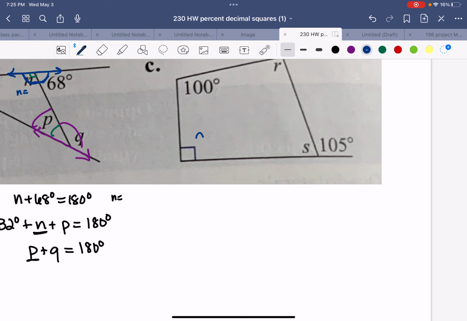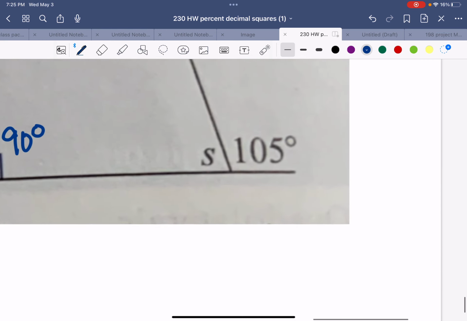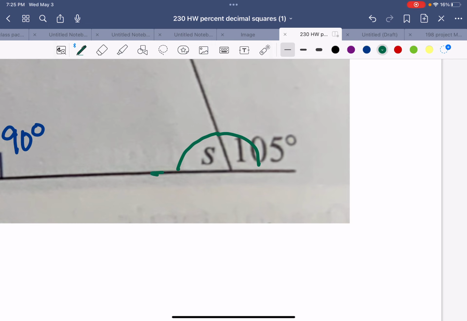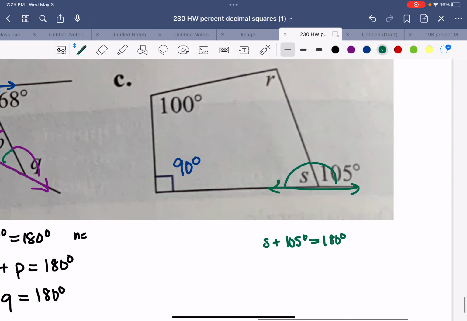this little box in the corner means that that's 90 degrees. So we're going to do two things. We're going to look at S first. So angle S and this 105 degrees makes a straight line. So you're going to have S plus 105 is your 180. Then to get R, we're going to look at the interior of our quadrilateral this time.